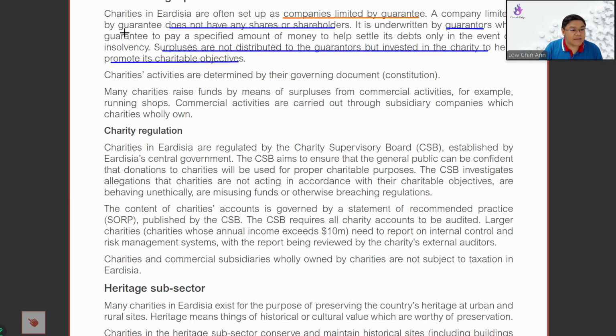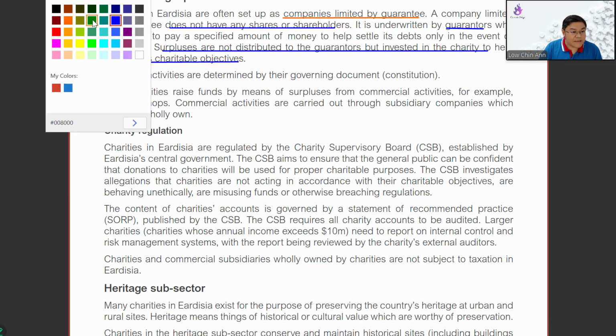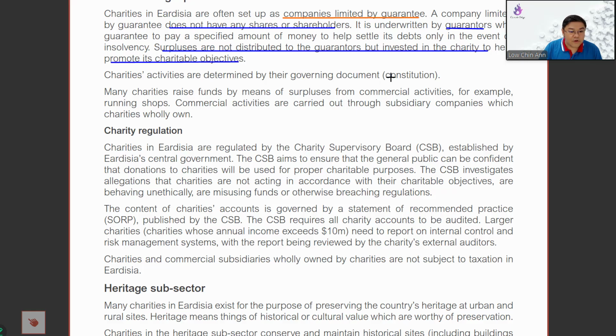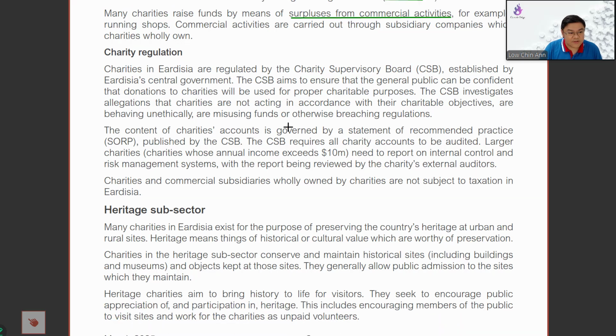Charities' activities are determined by their governing document called the Constitution. Now, many charities raise funds by means of surpluses from commercial activities, such as running shops. Commercial activities are carried out through subsidiary companies that the charities own. So that's basically the structure that they have.